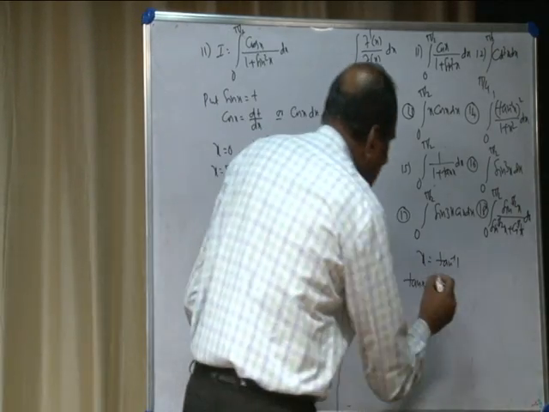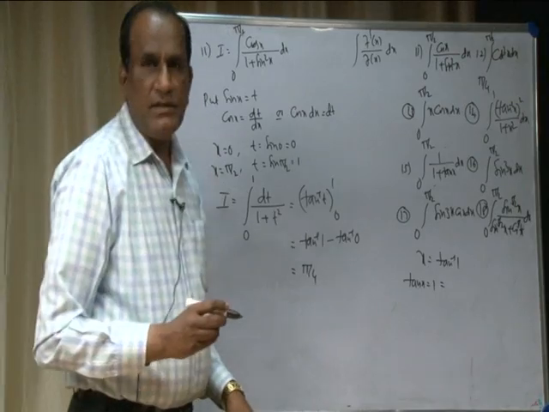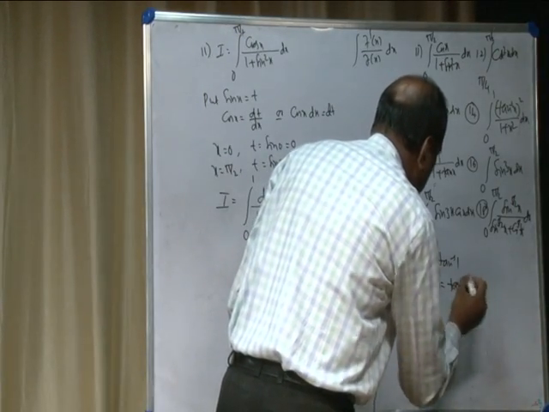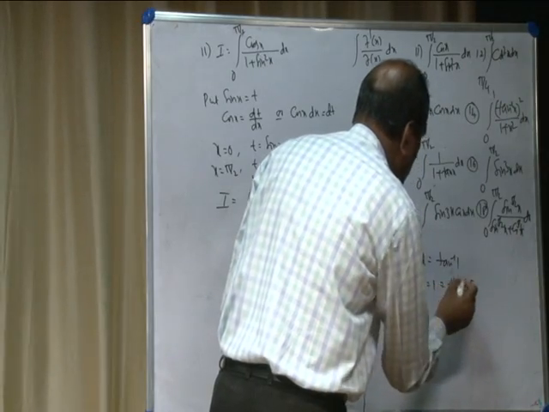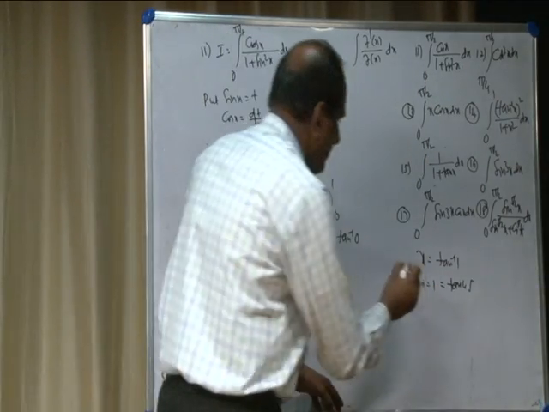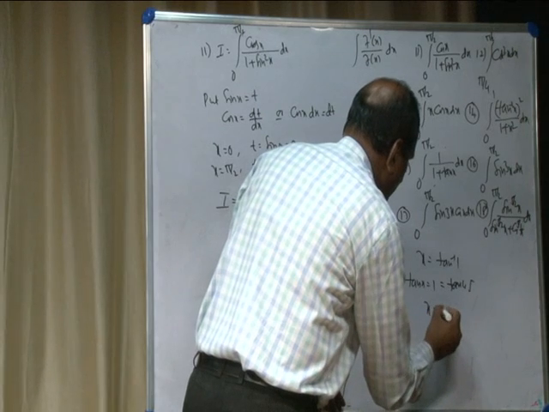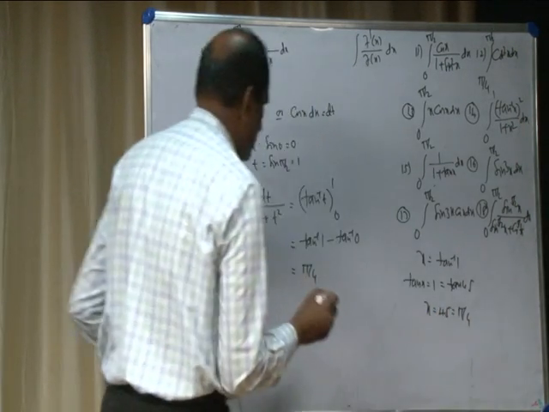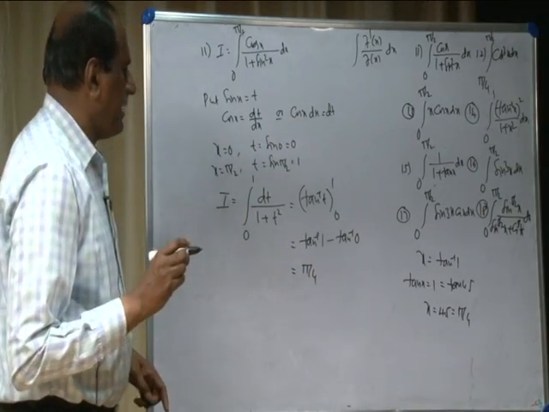So, which angle corresponds to 1 in the tan function? Tan 45 is equal to 1. Now, the equation is tan x is equal to 1, which is equal to tan 45. So, x is equal to 45 degrees, or pi by 4 in terms of radians.